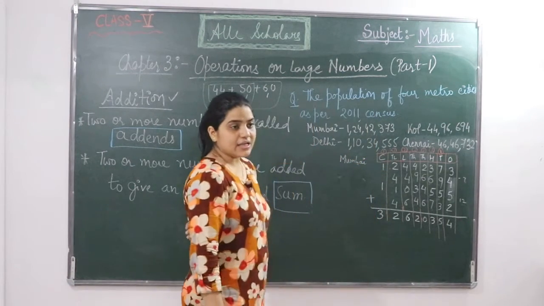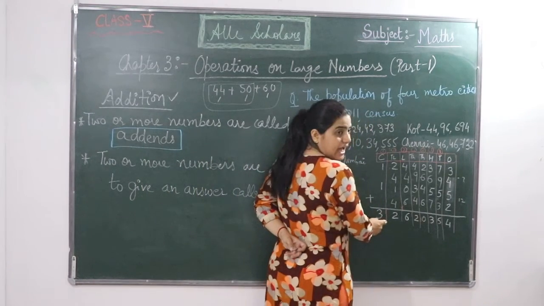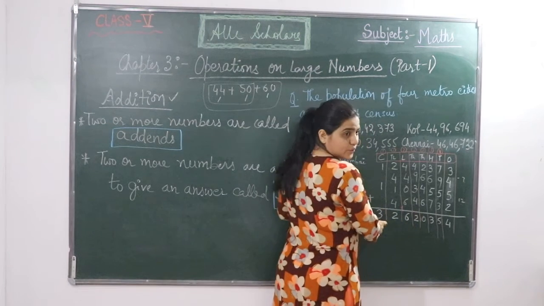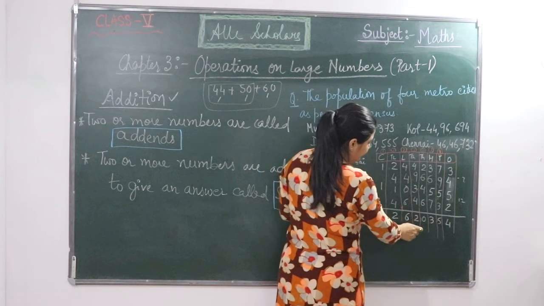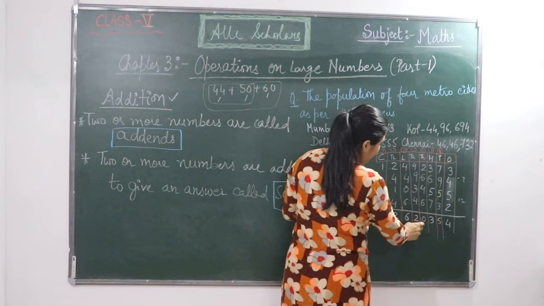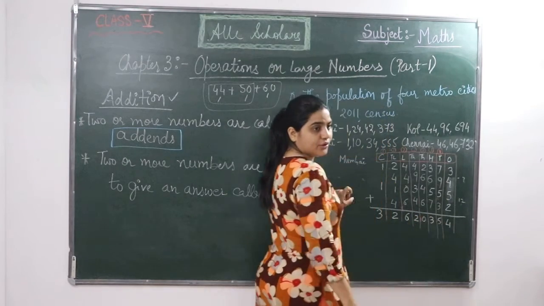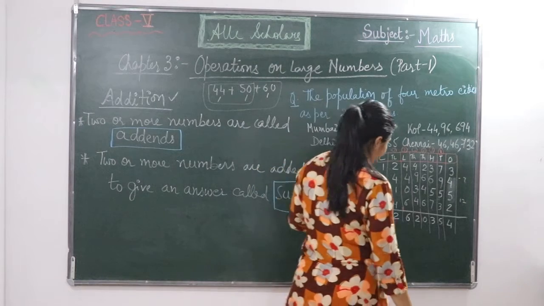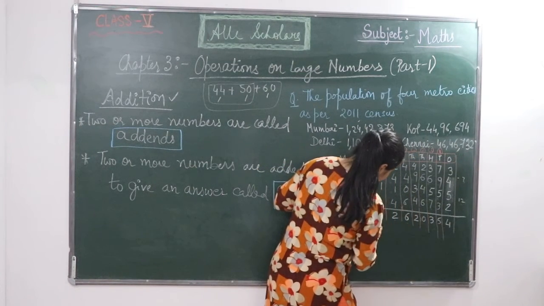So what is the answer of total population? It will be 3 crore 26 lakh 2,354.